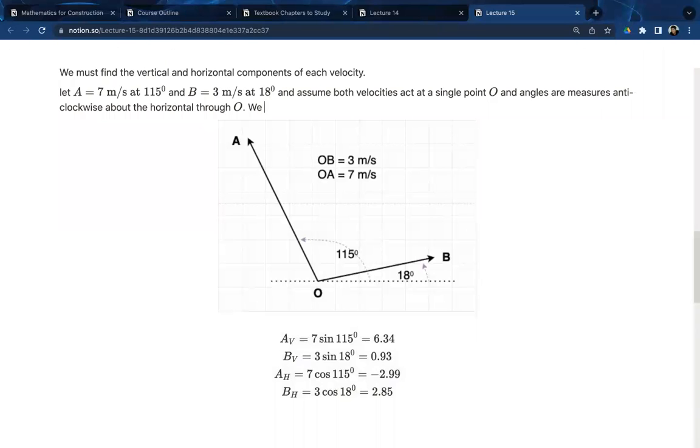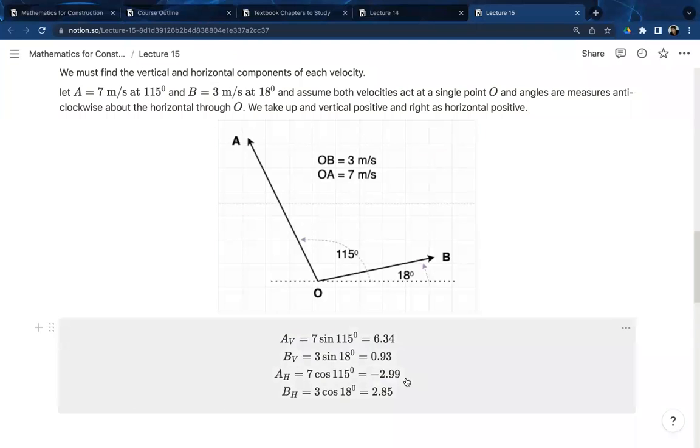So up is vertical positive and right is horizontal positive.